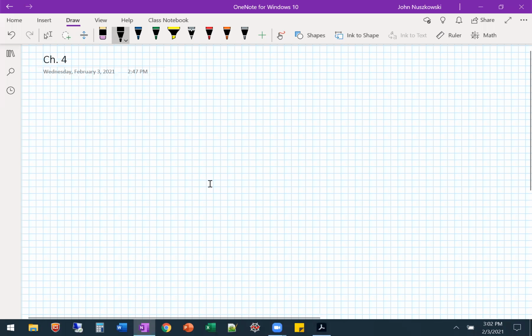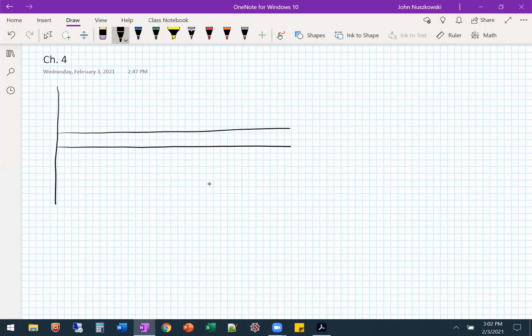All right, so we're going to start off by looking at a fin, and we're going to look at a little section right here. So this is some section dx, okay?